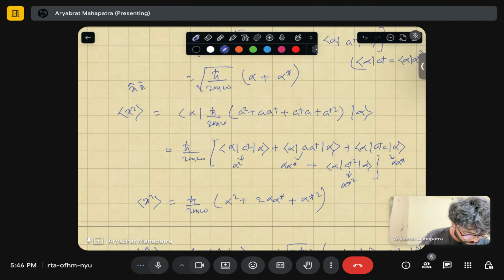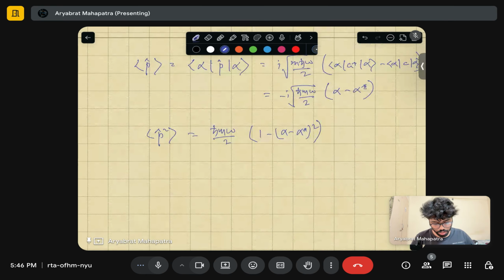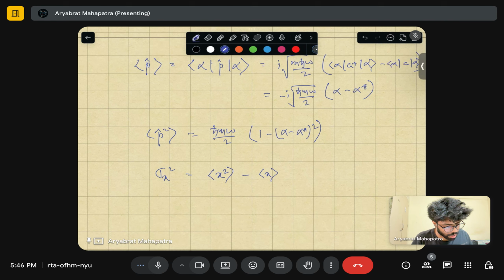Okay, so from here what you can see, if you calculate the uncertainty, the standard deviation sigma x squared, which is x squared average minus x average squared, that will give you h bar over 2 m omega. You can check that.